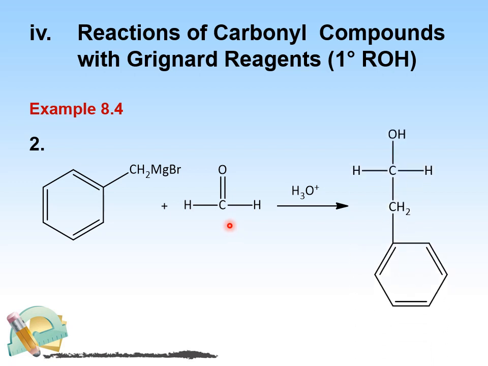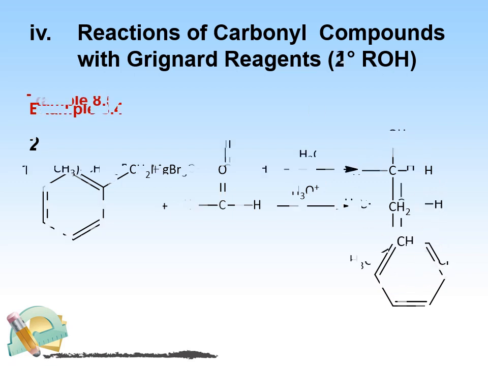Let's look at the answer. Benzyl will be attached at the hydroxy carbon, and the two H's that is attached to methanol would be attached also to the hydroxy carbon. So this is our product, a primary alcohol.